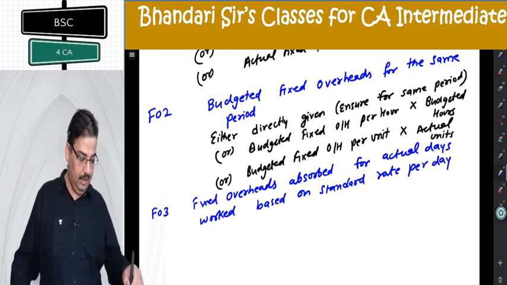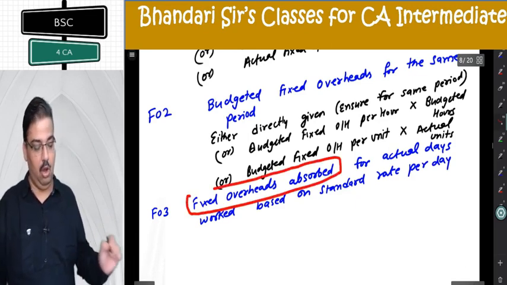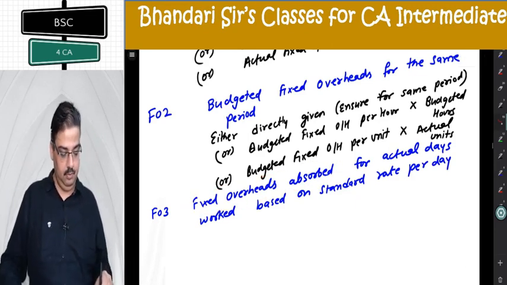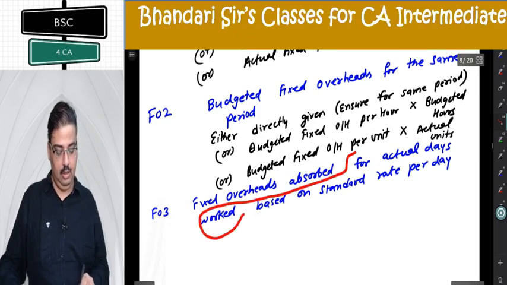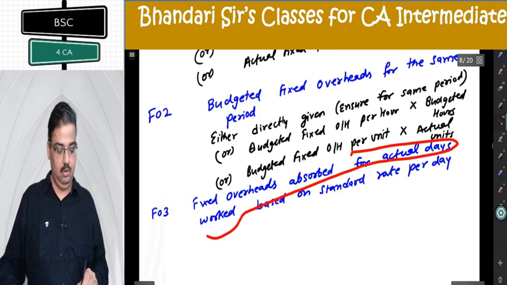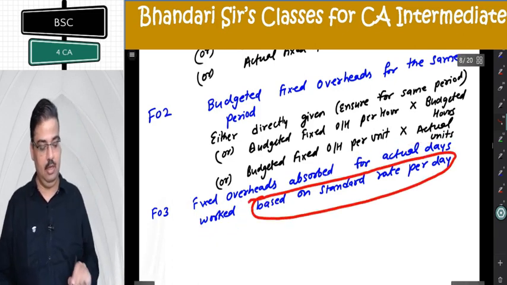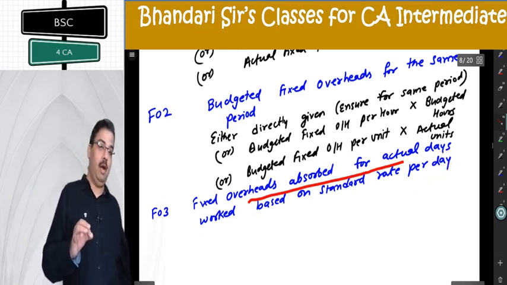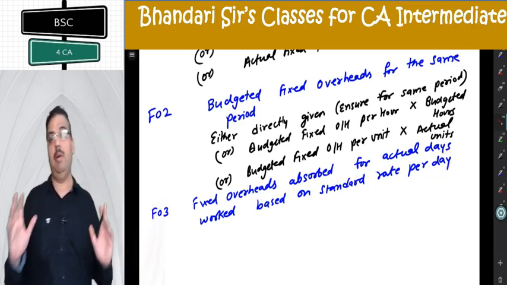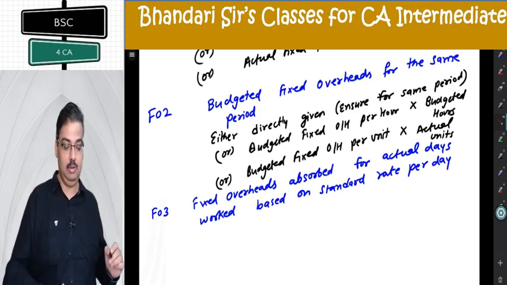Now these are 3 different parts. Fixed overheads absorbed, for actual days worked, based on standard rate per day. Must remember like this. Even FO4, FO5 will be very easy if you remember like this.